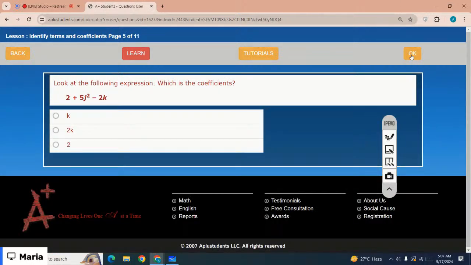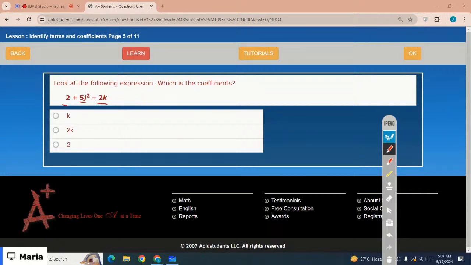Look at the following expressions. Which is the coefficient? Like for example, here you have 2 plus 5j square minus 2k. 2 is a term, 5j square is a term, and 2k is a term, right?